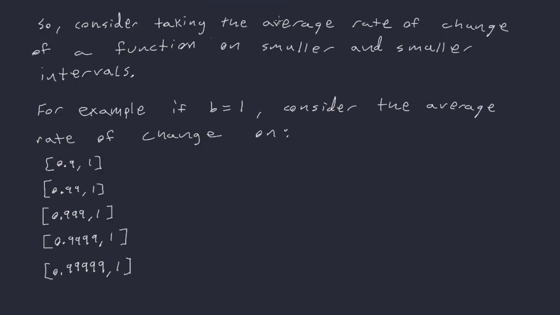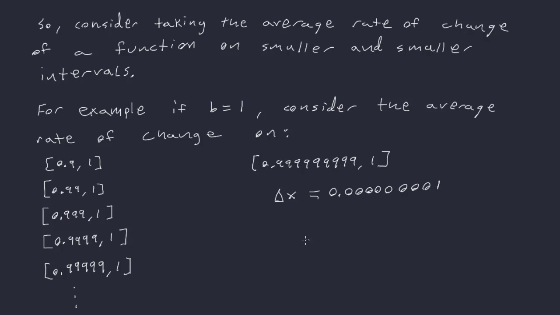Like I said, we're just going to take the average rate of change on smaller and smaller intervals. So for example, if our b is 1, we're going to consider the average rate of change for a getting closer and closer to 1. So consider the average rate of change from 0.9 to 1, 0.99 to 1, 0.999 to 1, 0.9999 to 1, etc. Eventually, if you're talking, say, 0.999999999 to 1, your delta x is going to be something incredibly small.